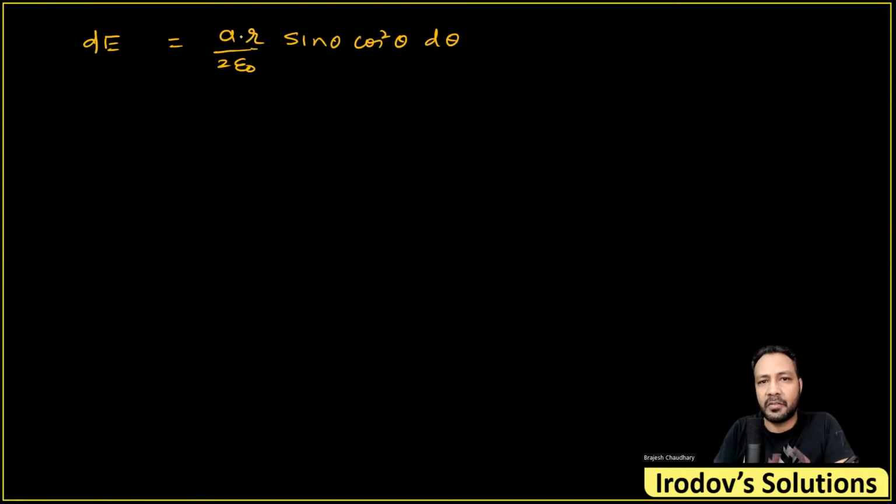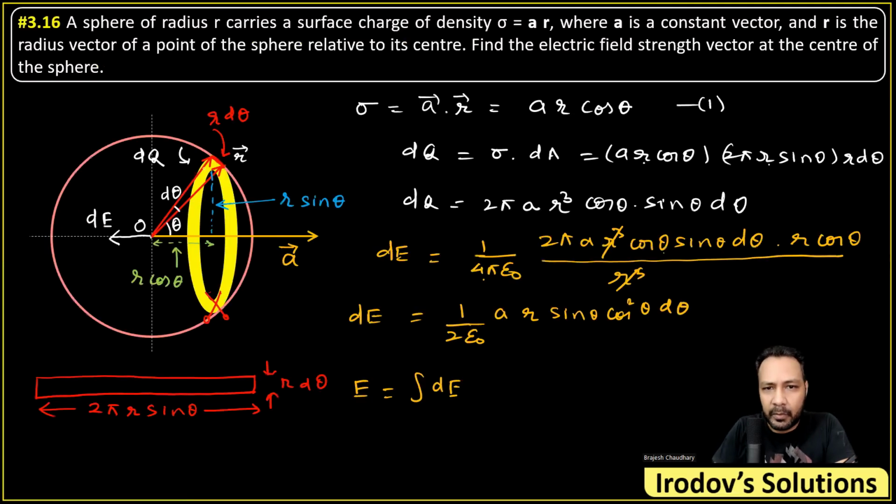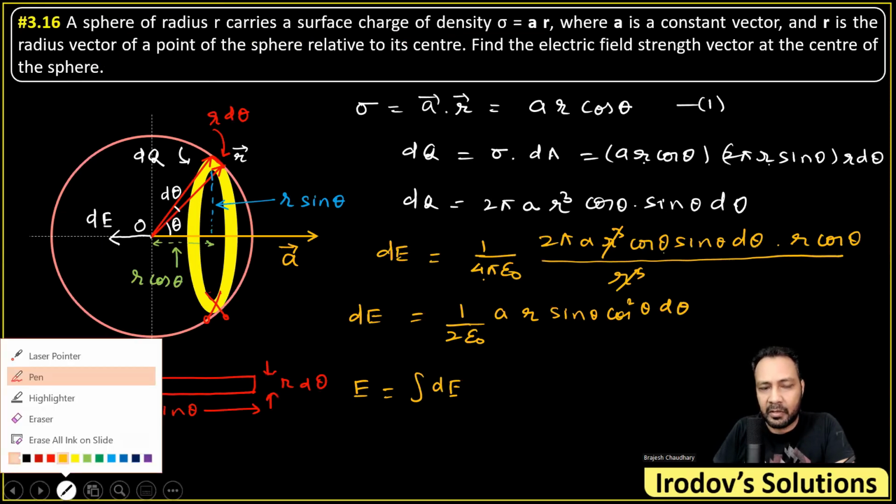So we had got dE equal to a r by 2 epsilon naught sine theta cos square theta d theta, and because of all the elements, the electric field will be along the same direction, so all the dE will get added up.